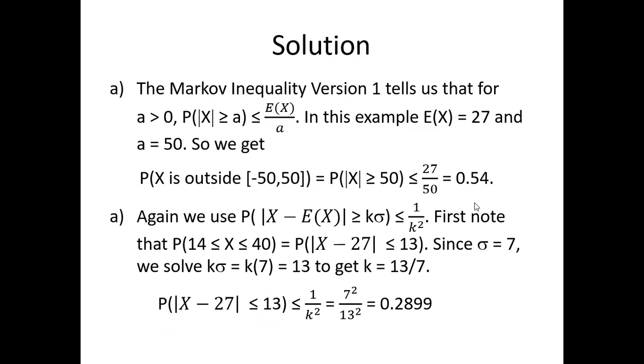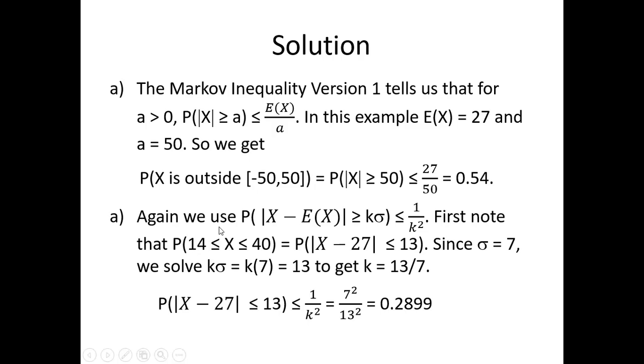For part B, okay, again, we use the Chebyshev inequality that tells us the probability of the absolute value of X minus E of X greater than k sigma is less than or equal to 1 over k squared. So notice that we're interested in the probability that X is between 14 and 40. We could express this in terms of absolute value.